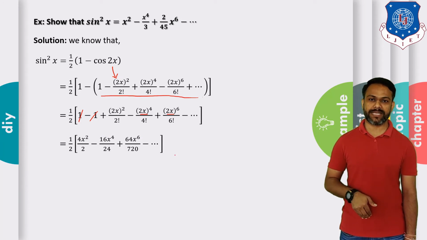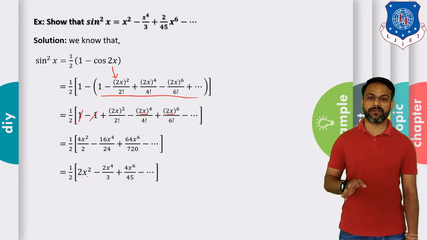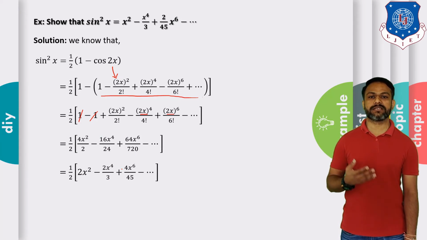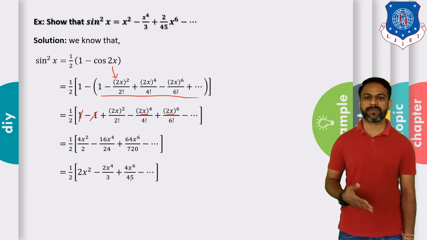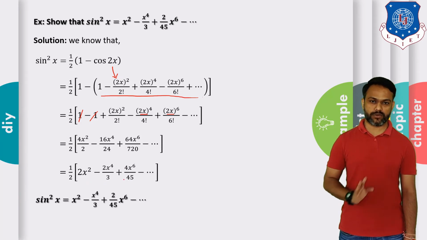By simplifying, we have 1 by 2, by cancelling 4 by 2, that is 2, 16 by 24 is 2 by 3, 64 by 720 is 4 by 45 and so on. We have taken the terms only up to the power of x raised to 6.